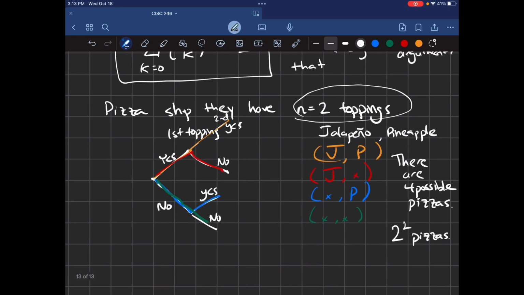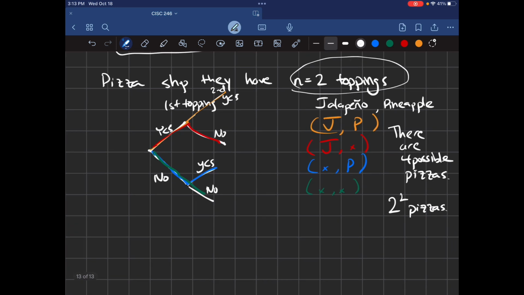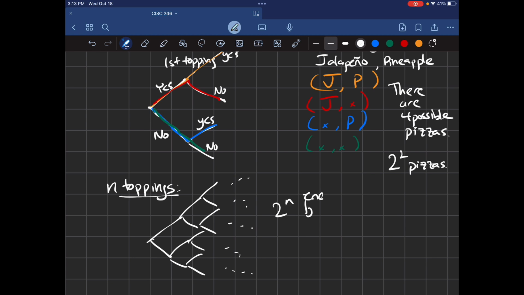And in general, if you had, let's say, n toppings. So let's say n toppings now. If you did it the decision tree way, you'd branch these out. I'm running out of room now. But by the end of it, you would have 2 to the n branches.